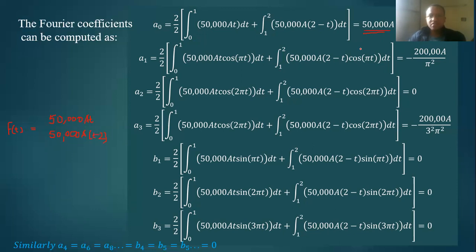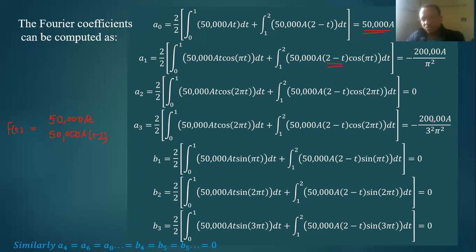A is the area. Again A1, which is the cosine term: we calculate it with this representation from 0 to 1, and this representation for 1 to 2. Finally, we get minus 200,000 A over pi square.